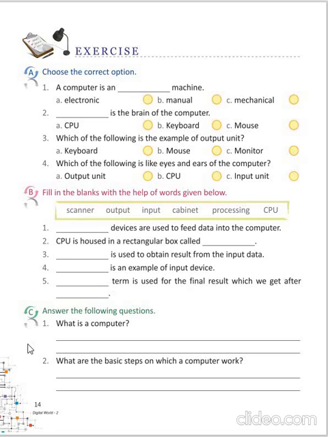Now children, come to C. Here you have to answer the following questions. What is a computer? It is an electronic machine which cannot work on its own. What are the basic steps on which a computer works? Input, processing, and output.